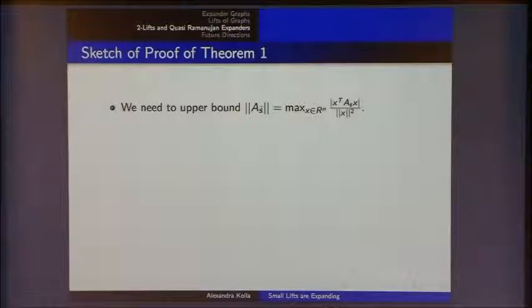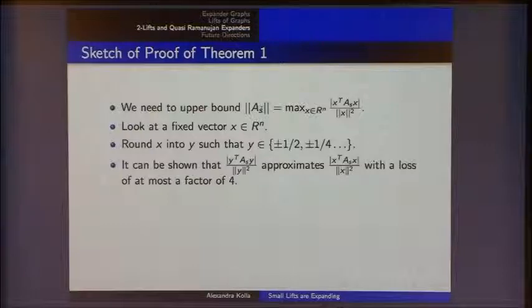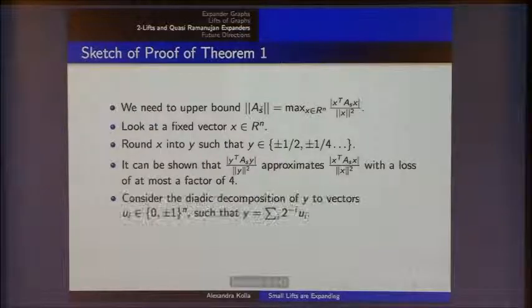Remember, we need an upper bound on the spectral radius of the signed adjacency matrix. So look at a fixed vector x and just round it down or up to a vector that looks like plus or minus 1 over 2 to the i. And it's easy to show that we can lose a factor of 4 and approximate the spectral radius of A_S with just looking at vectors of this form.